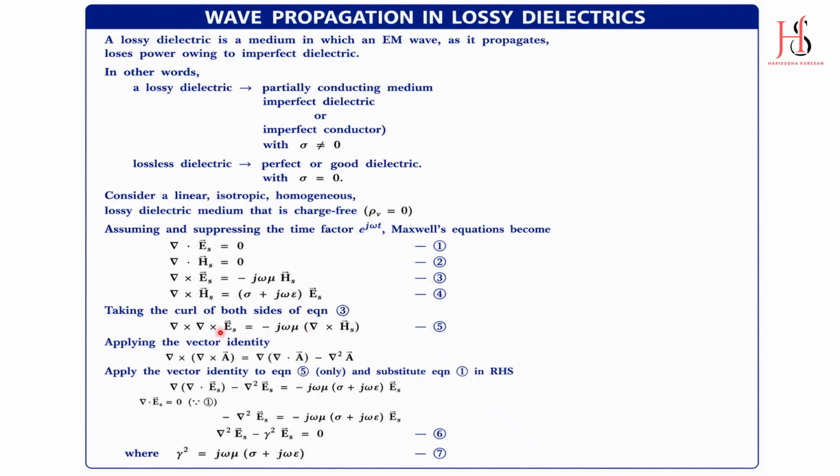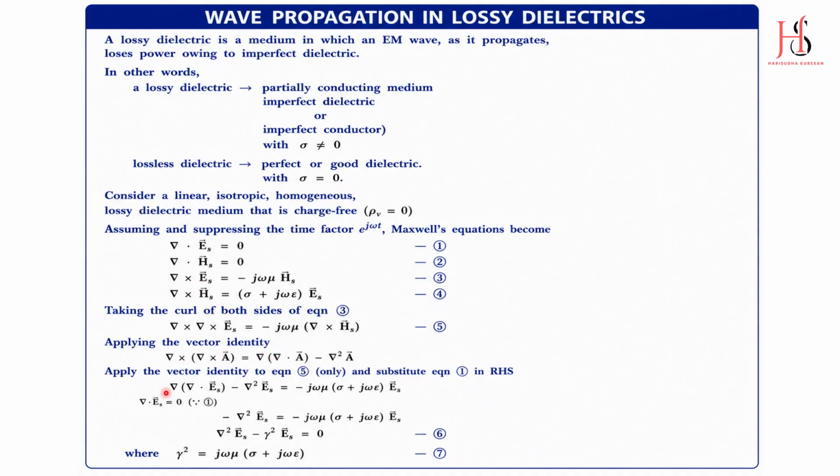Now we try to implement the vector identity formula. What is the vector identity formula? Del cross del cross A is equal to del of del dot A minus del square A. Now we implement this vector identity formula on the left hand side of Maxwell's equation 3.